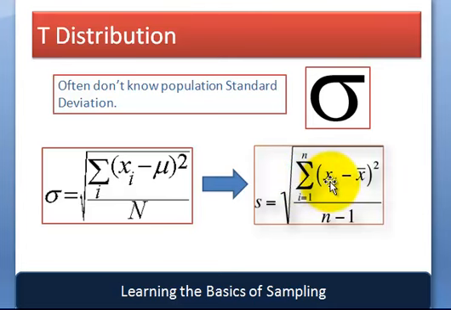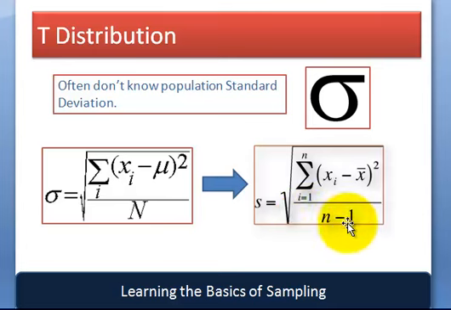Because we can take each one of our outcomes, compare it to our x bar, square it, and then rather than dividing by n, we divide by n minus 1. And that's just a statistical equation that makes sure we're unbiased, because we're adding a bit of unknown, because we're saying we don't know this, we're going to substitute this.